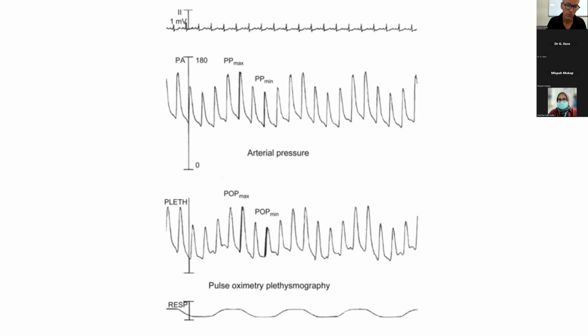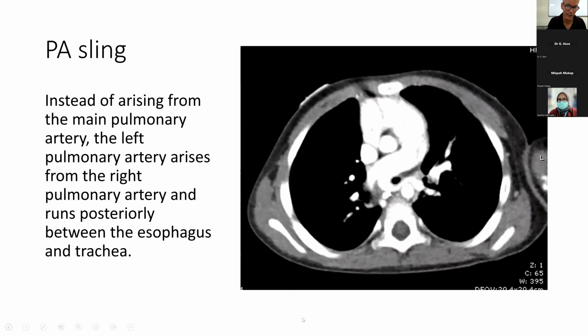And this girl, I won't go through it in too much detail, but this girl had what's called a pulmonary artery sling. And I think you can see this. This is a CT scan with contrast, and this is a right ventricle. This is a pulmonary artery. It looks large, and you can see it winding around the trachea. The trachea is black. It's winding around the trachea and causing that obstruction.